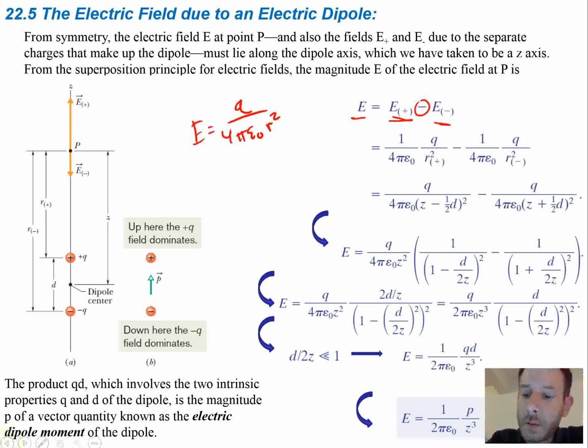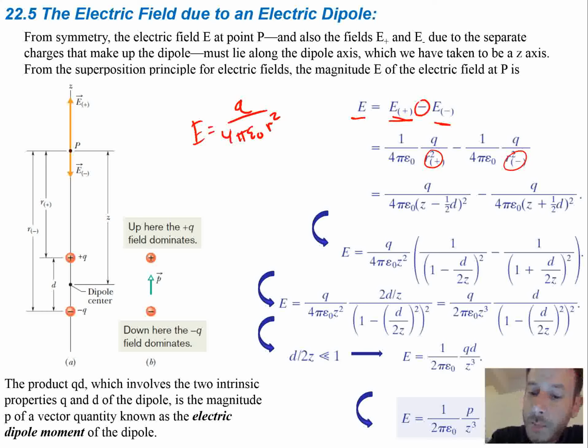So the next thing that we want to do is go and get rid of these, because those aren't really in terms of things that we can measure. So we want to really use our z variable and d variable, because those will generally be given in the problem. So the distance between the two charges, and then the distance from the center all the way up to P. Those are the values that we really want to know.